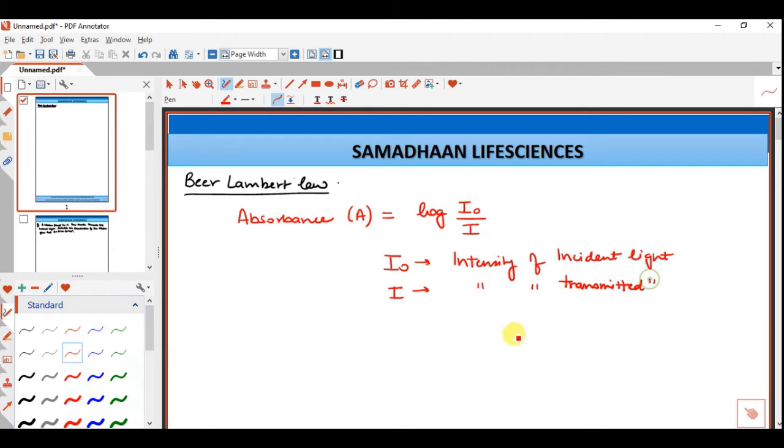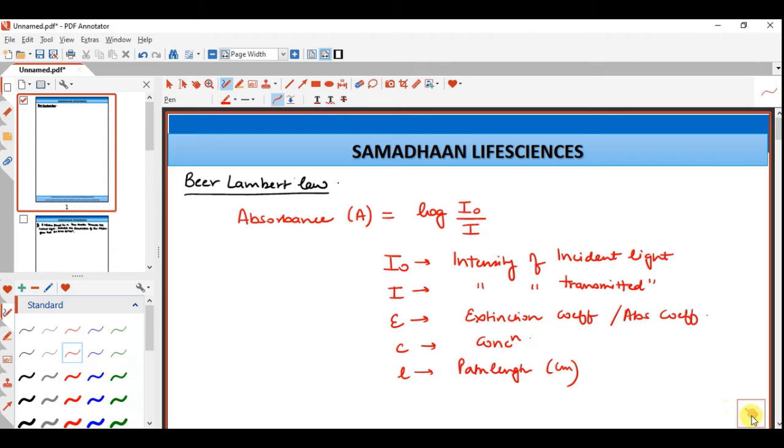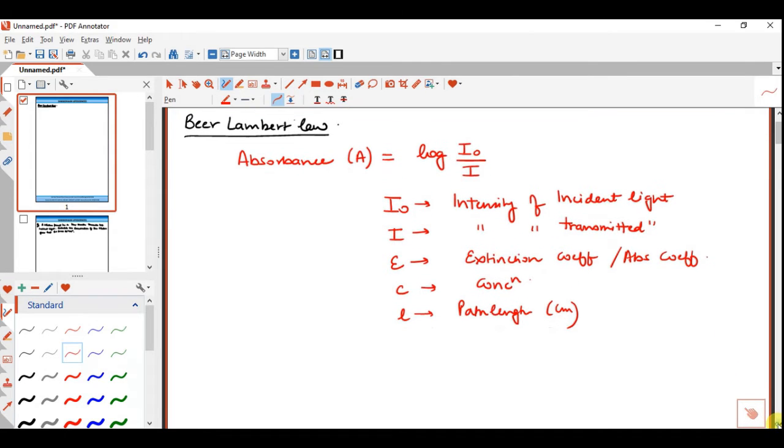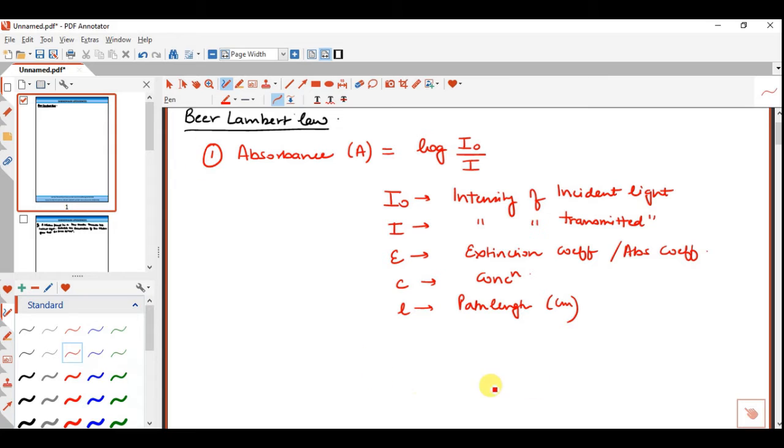Epsilon is the extinction coefficient, also called the absorption coefficient. C is the concentration, and finally L is the path length. Always remember that path length should be given in centimeters. This is the first formula that would be used.